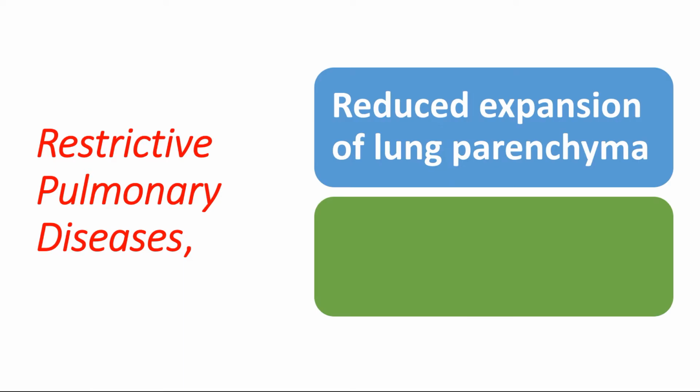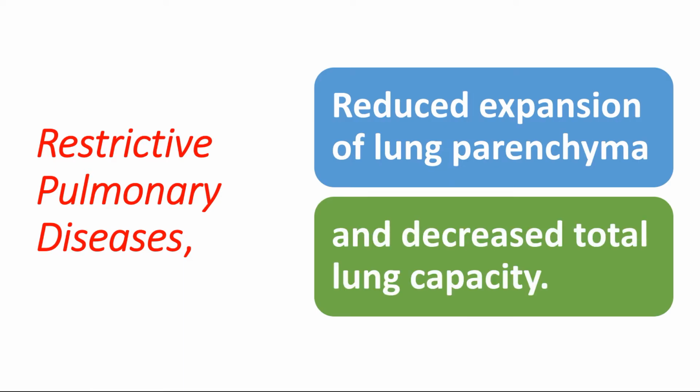Let's go to restrictive pulmonary diseases. Restrictive means there is reduced expansion of the lung parenchyma and decreased total lung capacity. These cases occur when there is a patchy fibrosis of the lung, interstitial fibrosis of the lung.